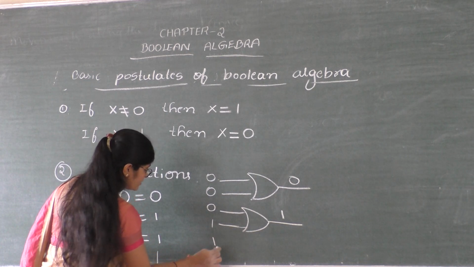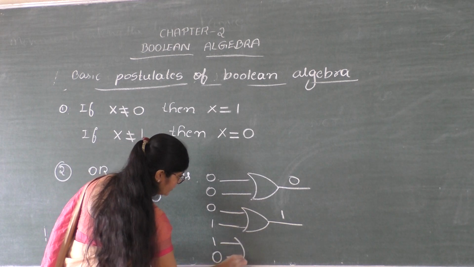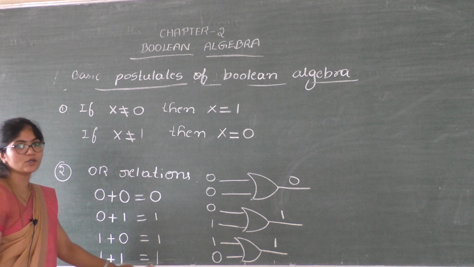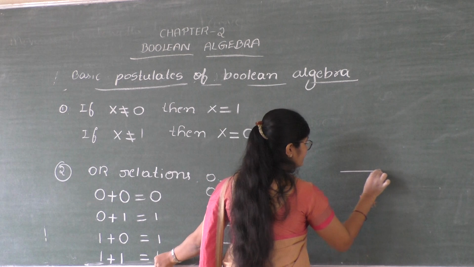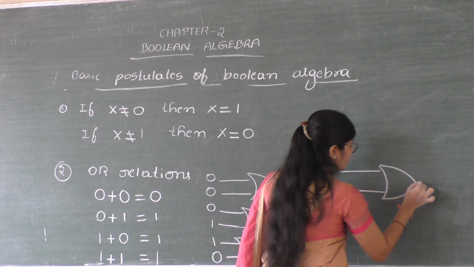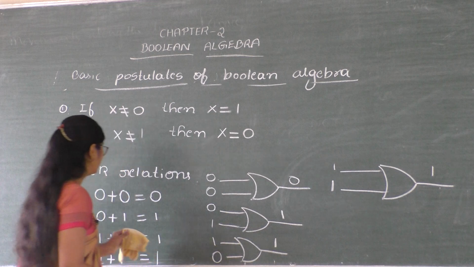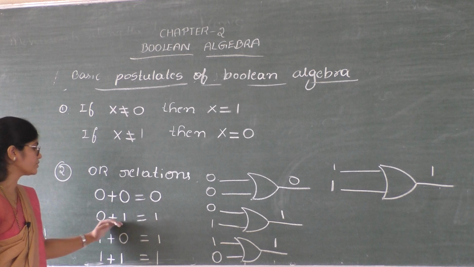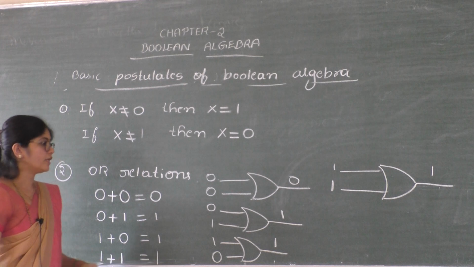One input signal is 1, the second input signal is 0, so the output is 1 in the OR gate. Next, 1 plus 1 is equal to 1. If both the input signals are 1, the output is 1. So these are the OR relations: 0 plus 0 is equal to 0, 0 plus 1 is equal to 1, 1 plus 0 is equal to 1, 1 plus 1 equal to 1.